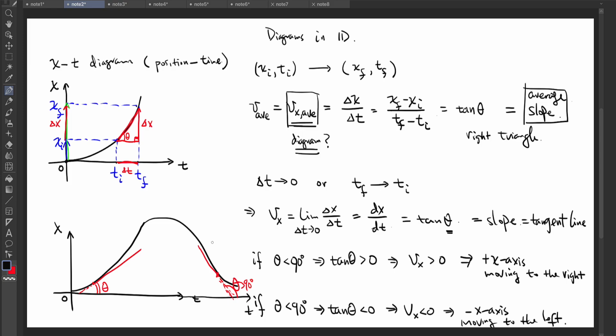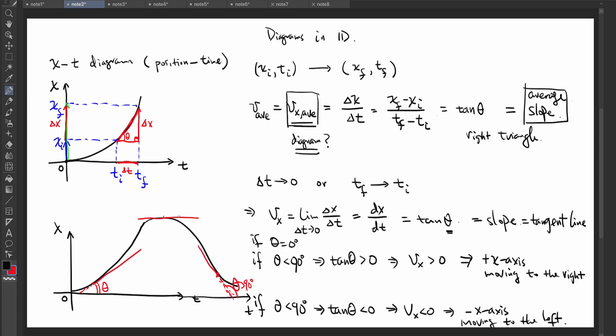Now how about some special angle? I'm running out of space here, but how about theta equals 0 degrees? I haven't talked about that before. I talked about the less than 90 degree. So that will happen here, right at the top. Right here.